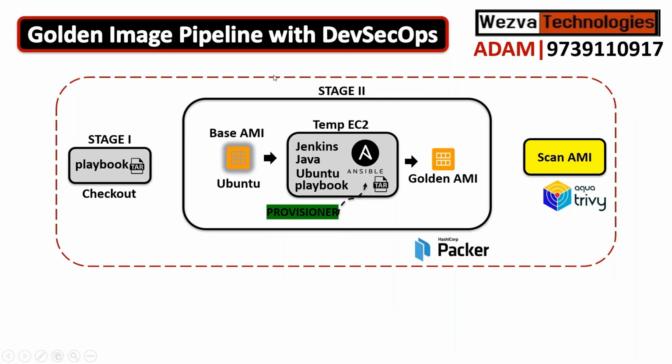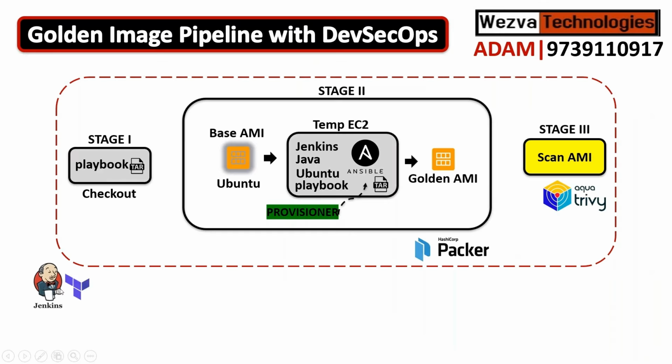Once it is done, in your pipeline, stage three should be scanning your AMI and finding out whether there are vulnerabilities or not. This way, the solution that you're giving is not just using a tool like Packer, Ansible, or Trivy, and you can also write some small shell script to help you, but eventually to run this entirely as a pipeline. And this is where you can use different sets of tools for it.